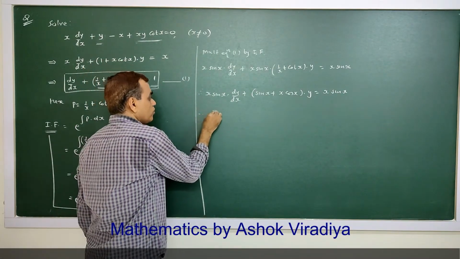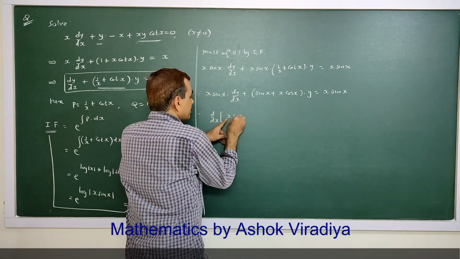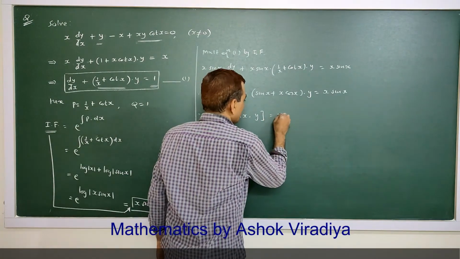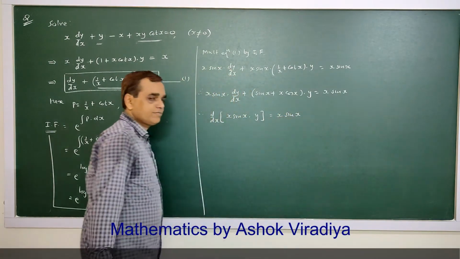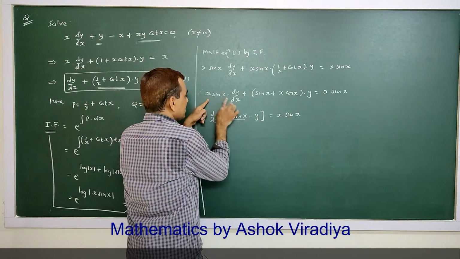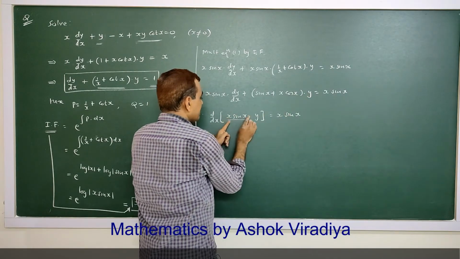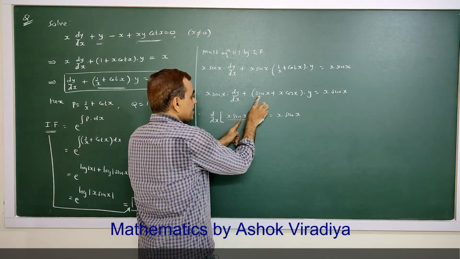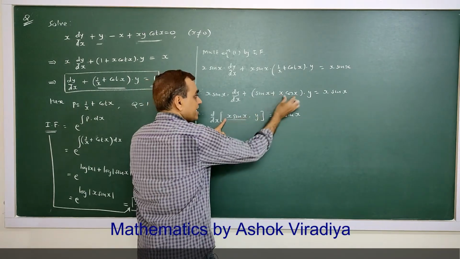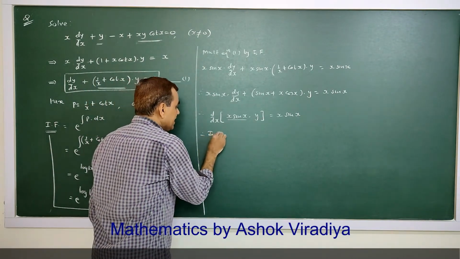So the next step is d by dx of the integrating factor into y equal to x sin x. See, you can verify this. U as it is, this is derivative of y, plus y as it is, and its derivative is sin x as it is, derivative of x is 1, here 1, plus x as it is, derivative of sin x is cos x.